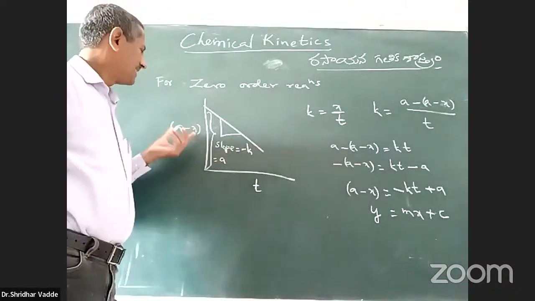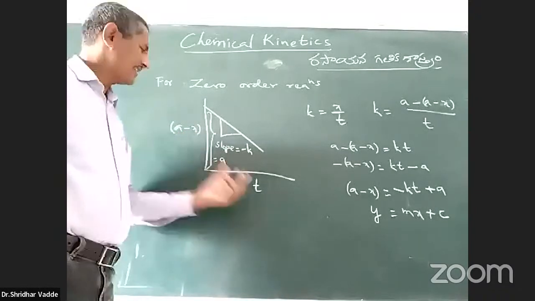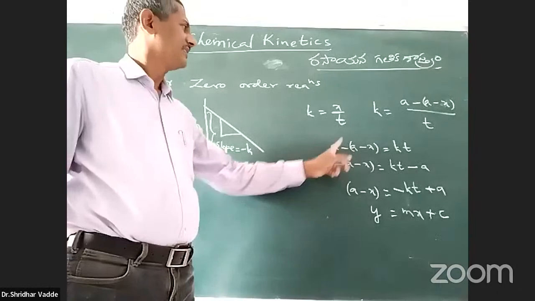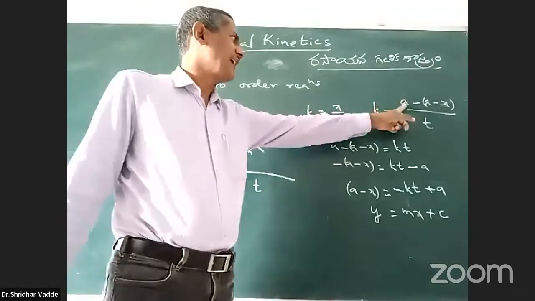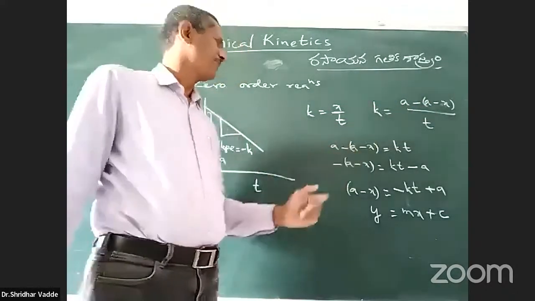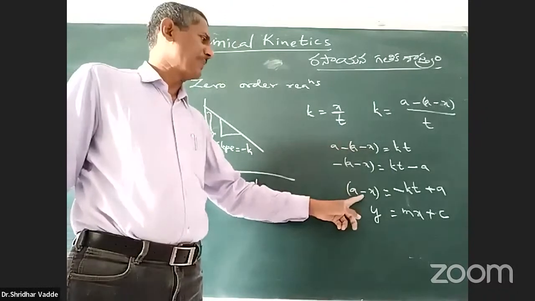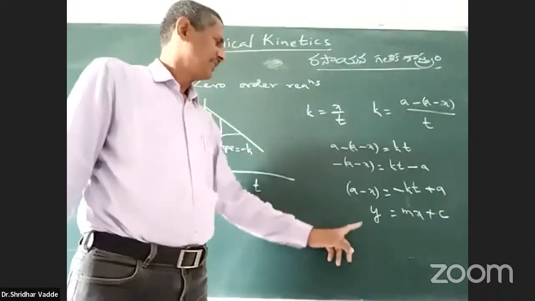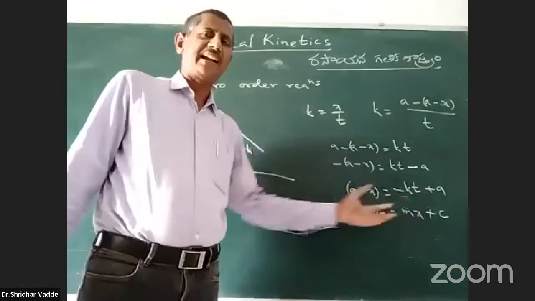So this is the a minus x versus t plot. By simplification we get a minus x equal to minus kt plus a. That is like y is equal to mx plus c, and hence we can write it like this.